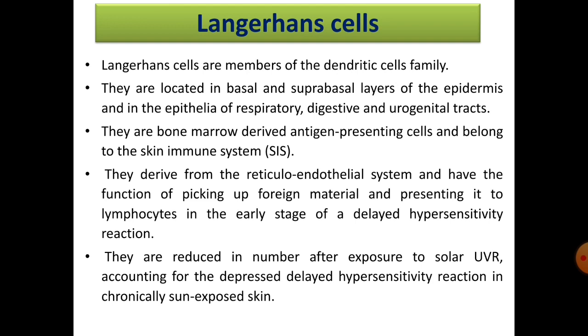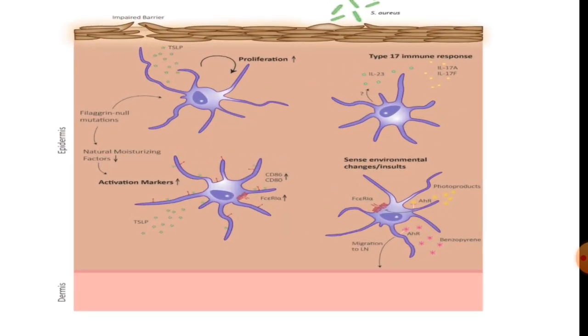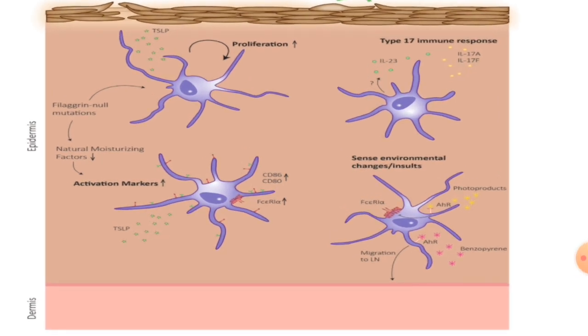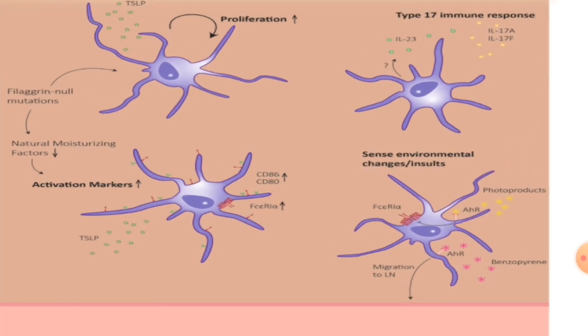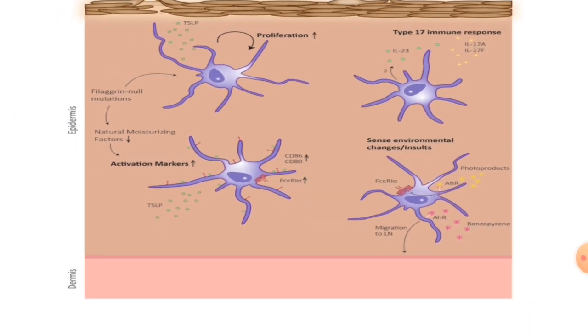They are reduced in number after exposure to solar ultraviolet rays, accounting for the depressed delayed hypersensitivity reaction in chronically sun exposed skin. You can see the diagram of the Langerhans cells, and these cells also possess processes or branching structure, so they are called dendritic cells.